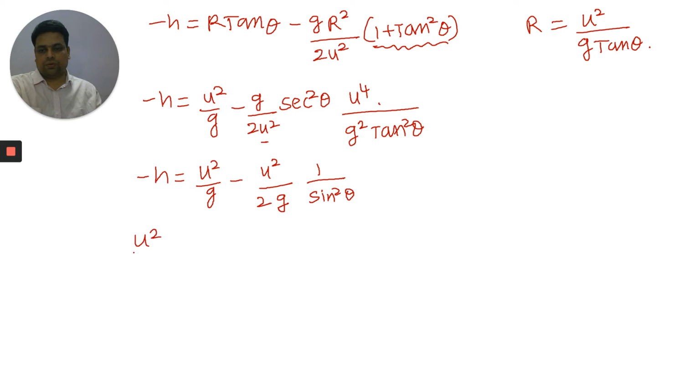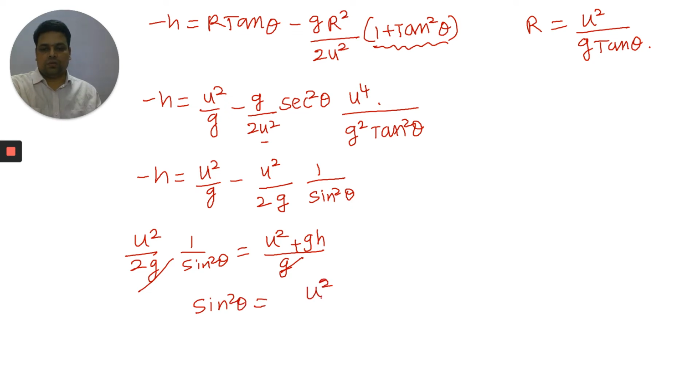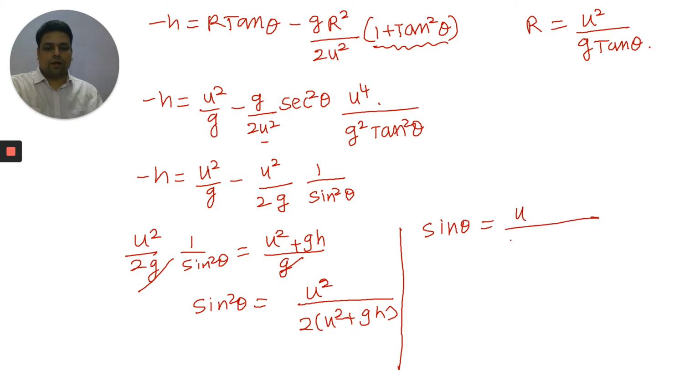So I'll get u square by 2g 1 by sine square theta, u square by g plus h. So both sides I would cancel this, and I would have sine square theta equal to u square by 2 times u square plus gh. So do I get sine theta as u by under root 2 times u square plus gh.